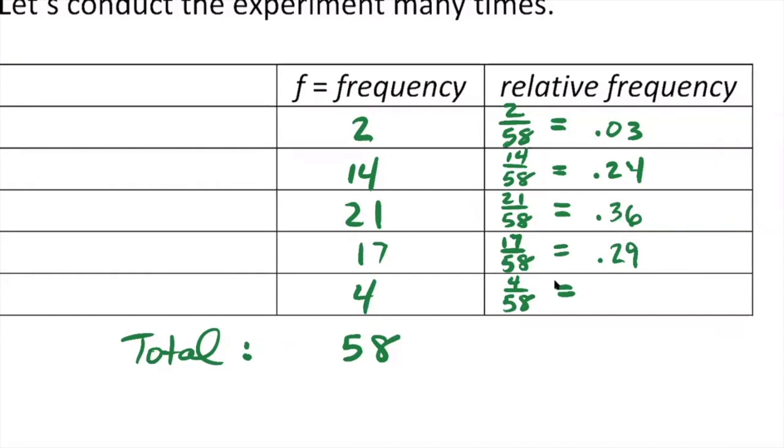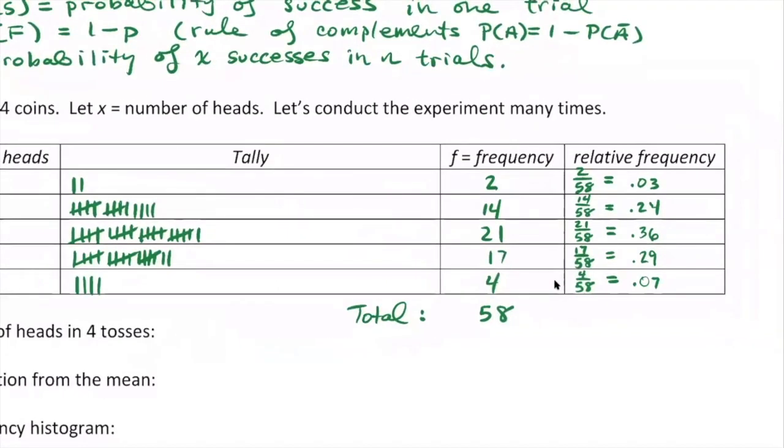This one's a little wacky, 0.07. A little too big. And so remember, it's the long run relative frequency that approaches the probability.